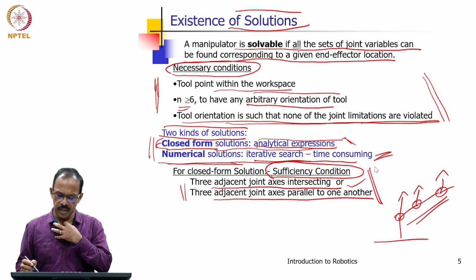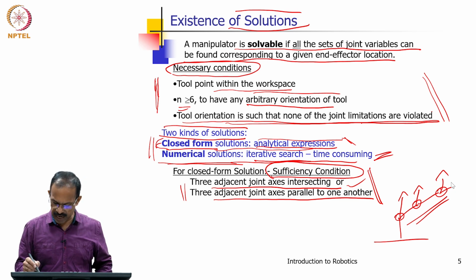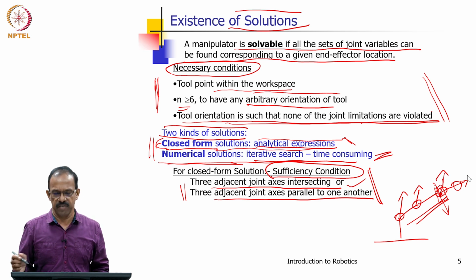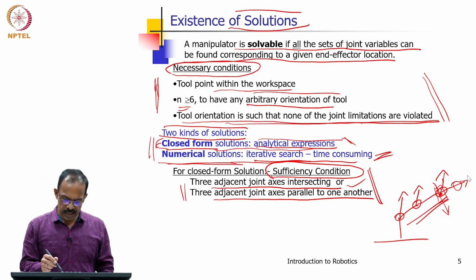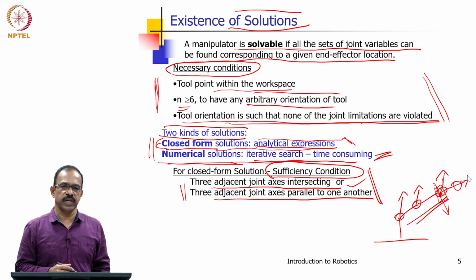Otherwise, if the 3 adjacent joint axes, suppose you have one axis here and then one axis like this and one axis at this point which again intersect these 3, then these 3 axes are intersecting. If the 3 adjacent joint axes are intersecting, then you will be having a closed form solution. So, this is the sufficiency condition to get a closed form solution.